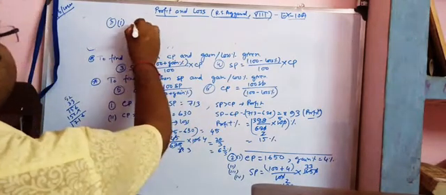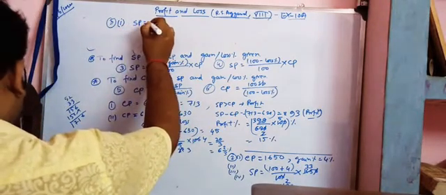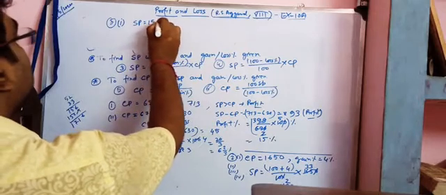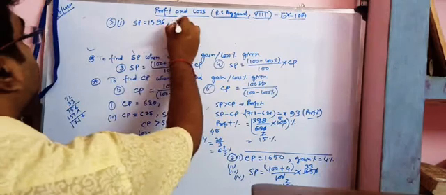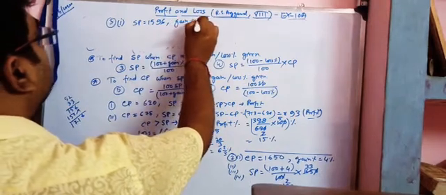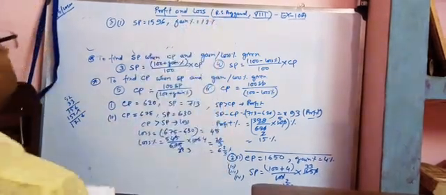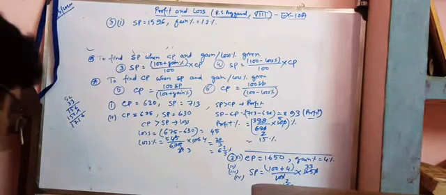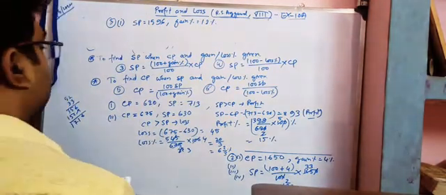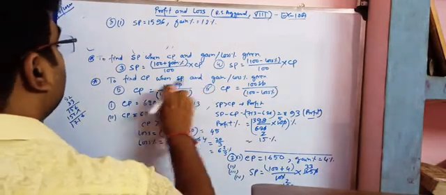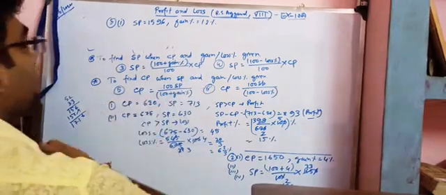Find the cost price when SP is given. SP is equal to rupees 1596 and gain percent is 12%. So we have to find the CP. So we have to apply this formula, problem number 5.